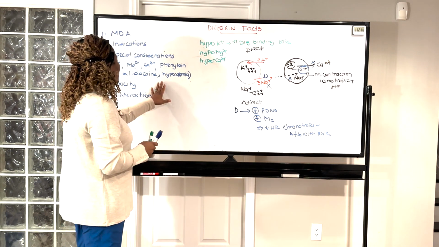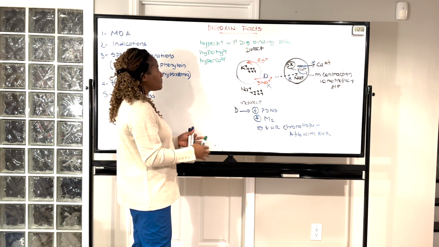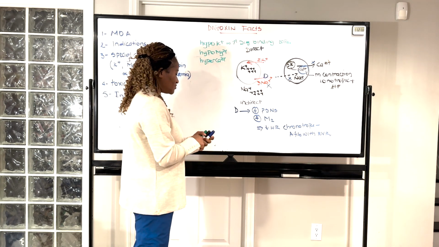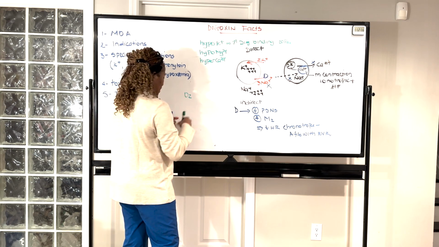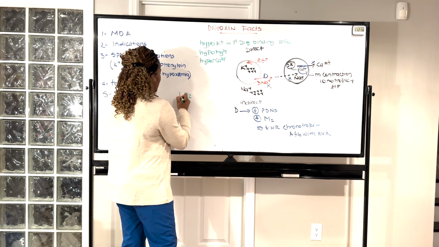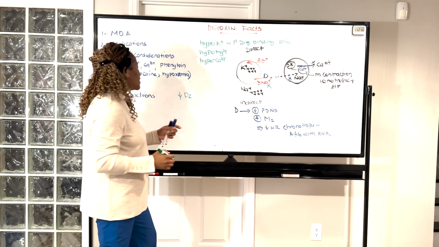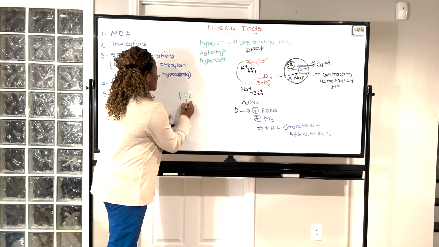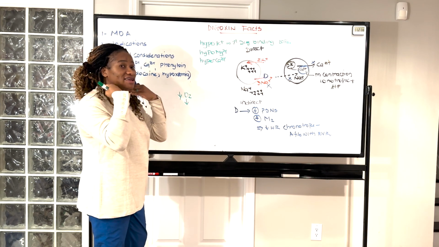Now, I also mentioned hypoxemia. So hypoxemia, what does hypoxemia do? If you have less O2 in your body system, if you have a decrease of oxygen in your body system, that decrease of oxygen is going to be sensed by the carotid and aortic bodies.